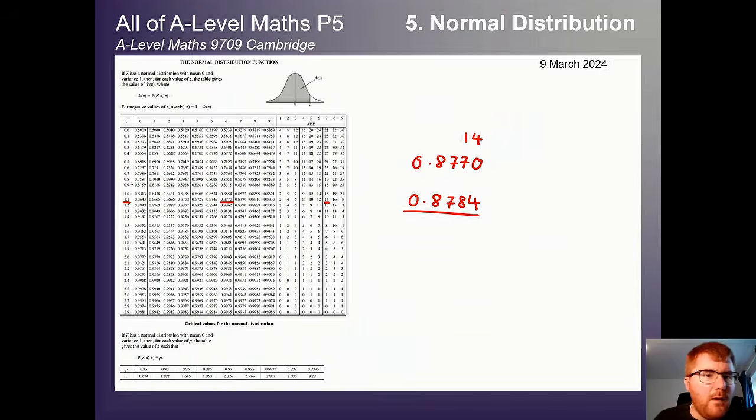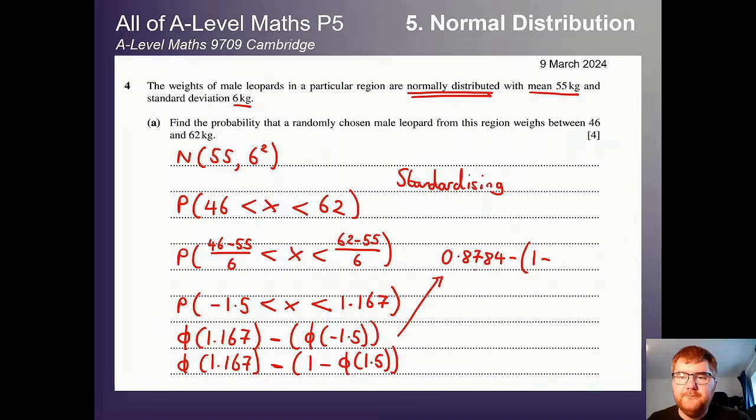Okay, that's much easier to read off. We can just read off 0.9332. At this stage, we now just put this into the calculator. So 0.8784 minus brackets 1 minus 0.9332.